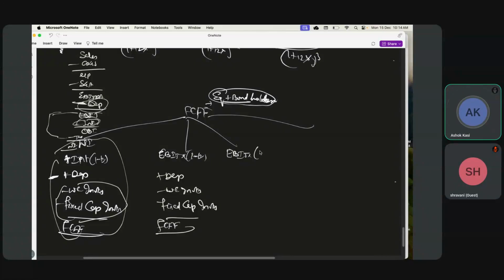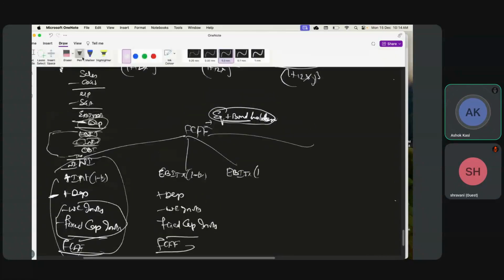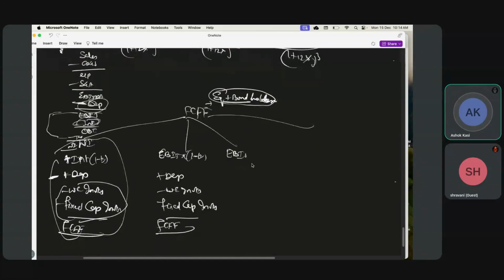EBIT into one minus tax. EBITDA into 1 minus tax. Okay.